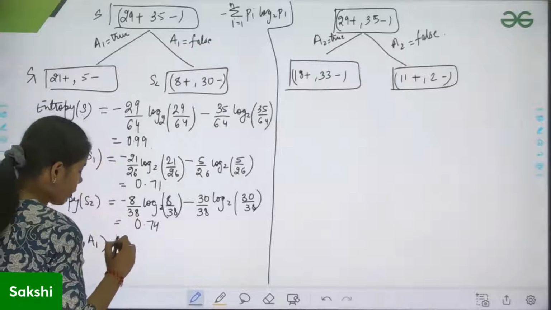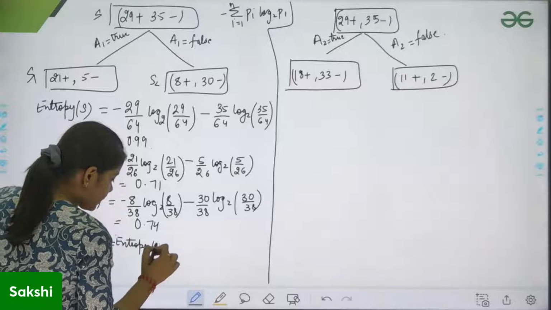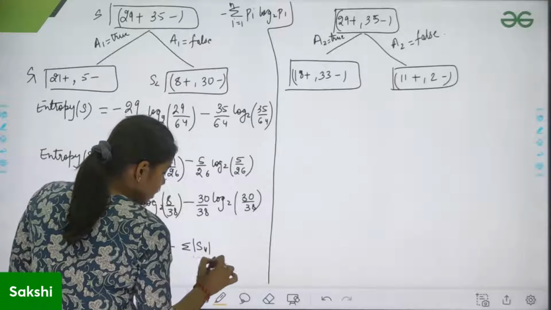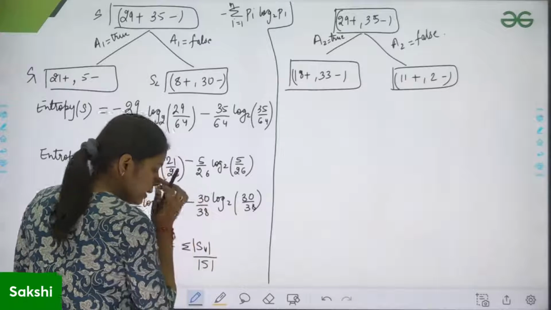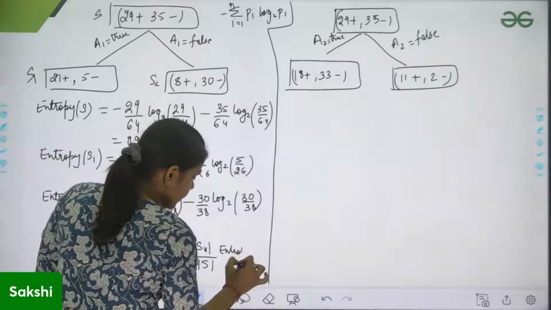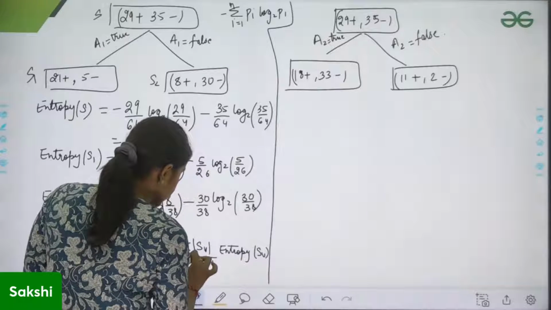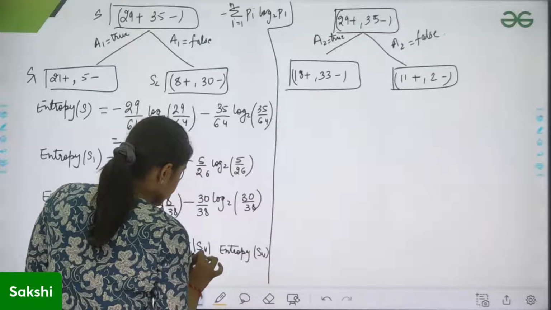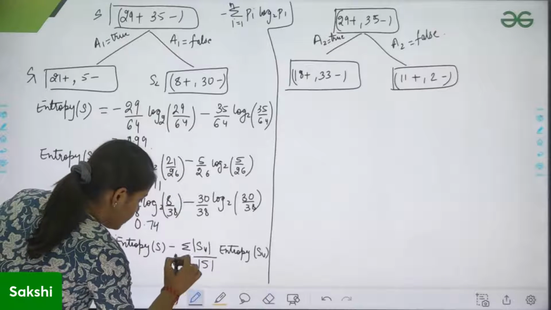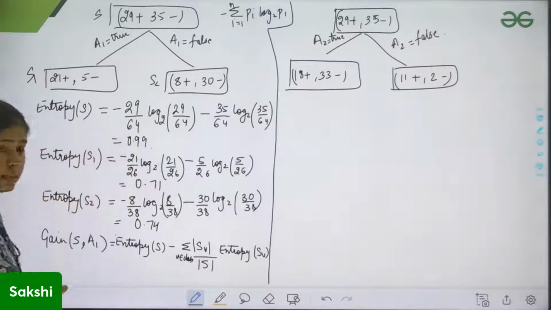The formula is entropy of S minus summation of cardinality of SV upon cardinality of S times entropy of SV, where V belongs to the classes. This is the formula.